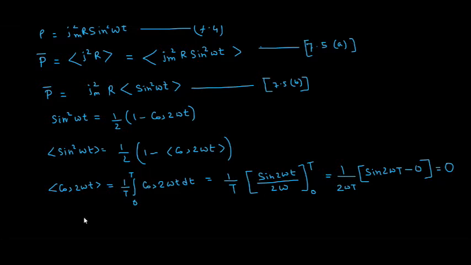That means the mean value of cos 2 omega t is 0.